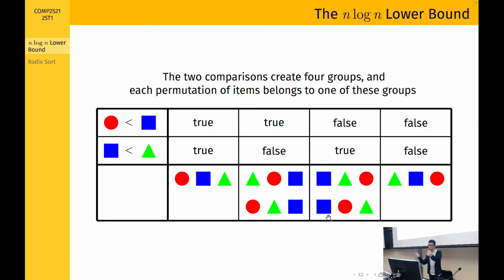But again, we don't know whether the triangle is bigger than the circle, or if the circle is bigger than the triangle. Okay, so we don't have enough information to deduce definitively which of these permutations is sorted.